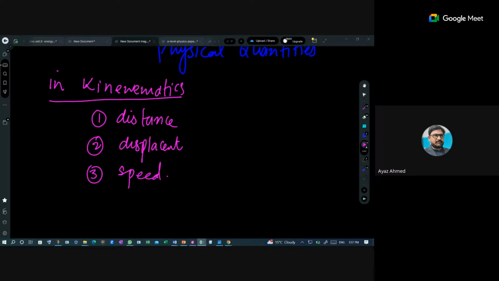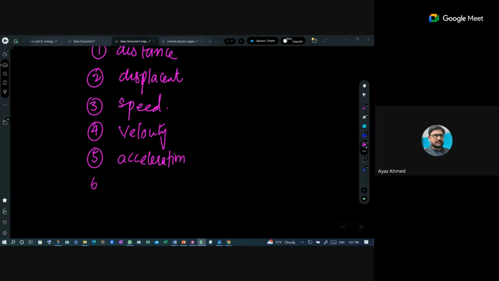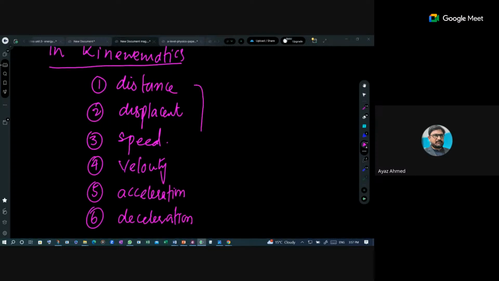So the third one is speed, the fourth one is velocity, the fifth one is acceleration, and the sixth one is deceleration. These are six physical quantities which all change with respect to time.